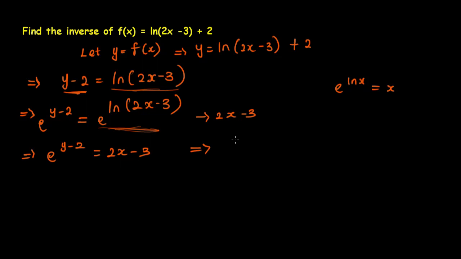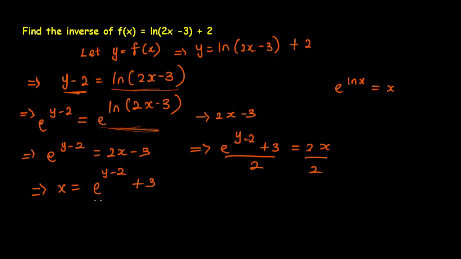This implies that e raised to power y minus 2 plus 3 is equal to 2x. So dividing both sides by 2, it implies that x is equal to e raised to power y minus 2 plus 3 divided by 2.